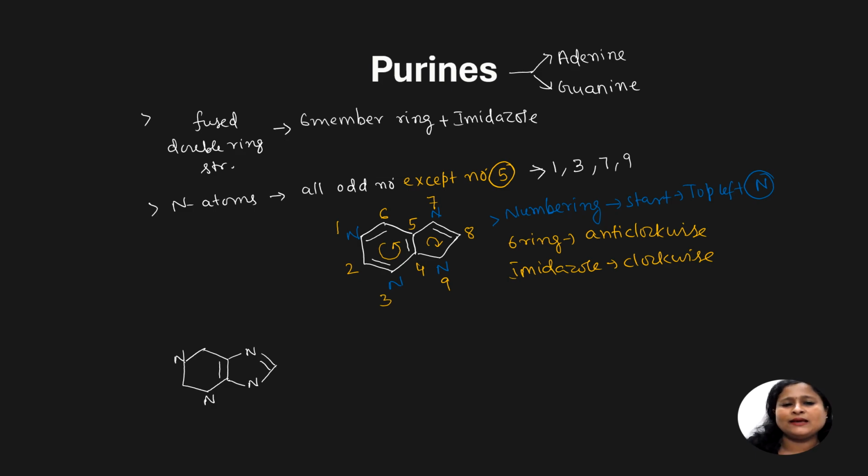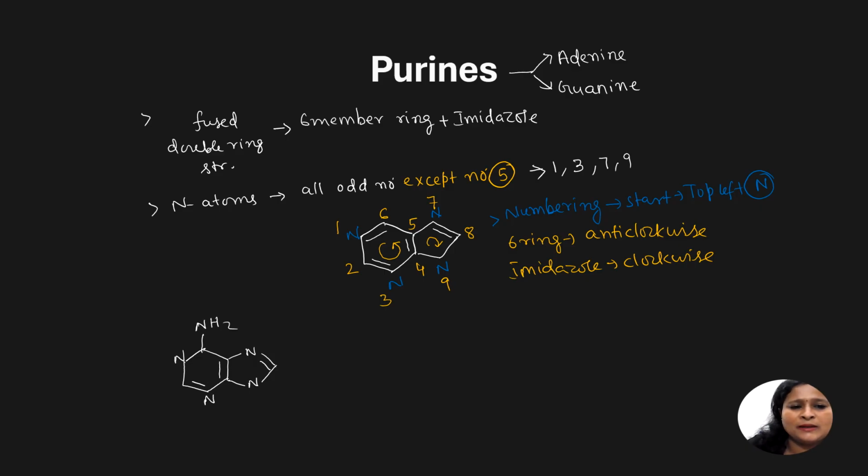Another thing you can remember: we put the functional groups in the even numbers because odd numbers have the nitrogen. The type of functional group we put is mostly amine and carbonyl group. So for adenine, you would be putting one amine group here.